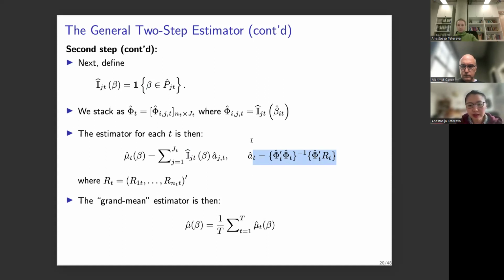It just gives me the return of the specific portfolio that the evaluation point finds. The grand mean estimator for a specific value of beta is then the time average of this mu_t(beta hat). And the high minus low would be the difference of the highest beta minus the lowest beta, taking the difference of two critical points of this function mu hat.